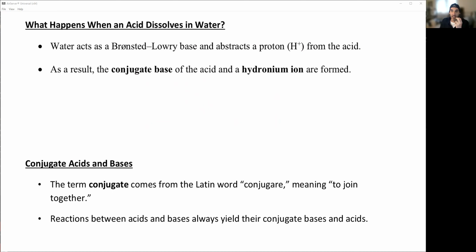What happens, we get this thing called conjugate acid and base pairs. So we have conjugate base and hydronium ion are going to form. We're going to have these what we call conjugate acid-base terms or acid-base pairs.